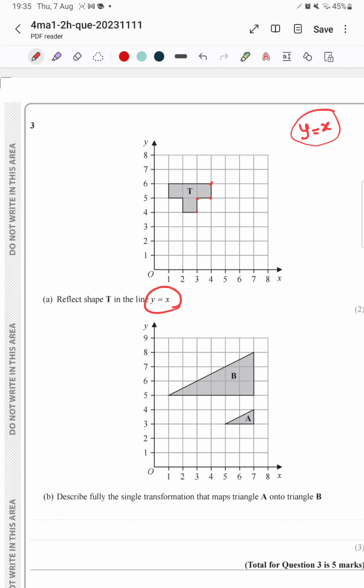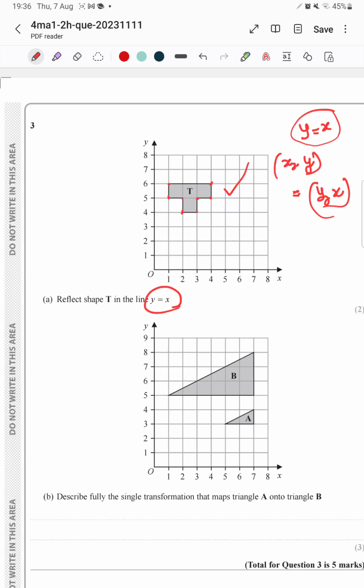So these are the corner points here. And then you need to flip the values. So if you have (x, y) as one of the vertices of this shape, then (y, x) will be the corresponding point in the reflected image.